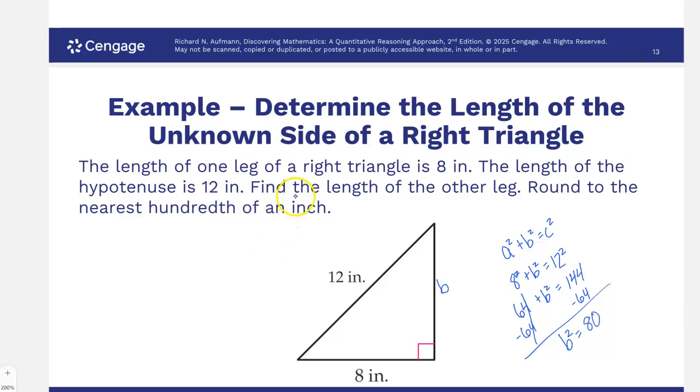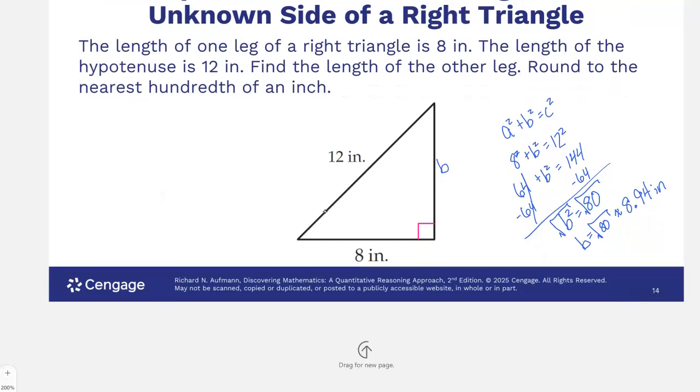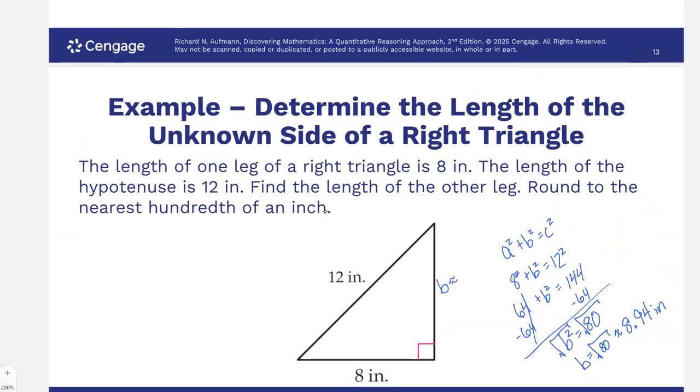And then to get b by itself, we have to take the square root. We're going to do the opposite of squaring. And then when I type square root of 80 in my calculator, I'm going to get about 8.94. And that would be in inches. So that would be the length of this side.